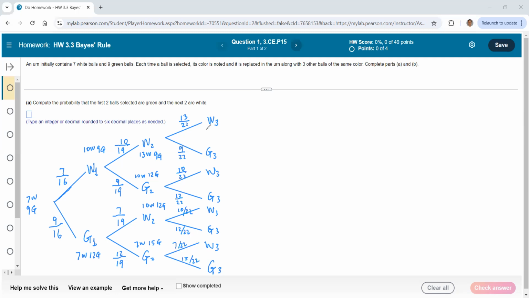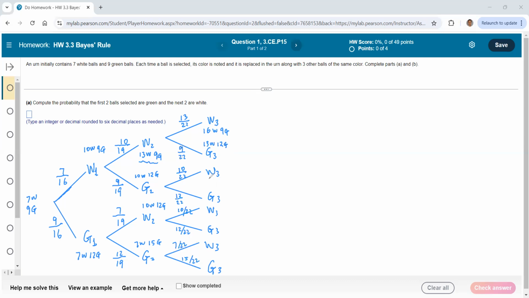And then we keep track of the balls, right? So you have 13 white balls, 9 green balls, but then you have another white ball selected, so 16 white balls, 9 green balls. And this one you have 13 white balls and 12 green balls.